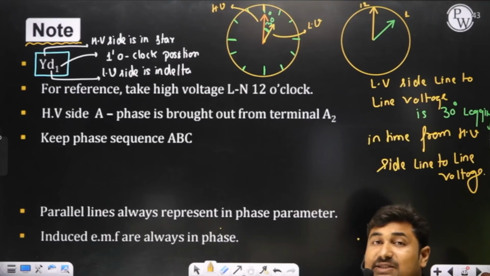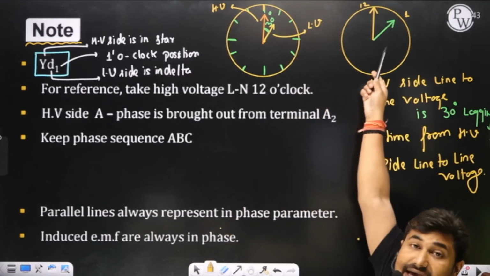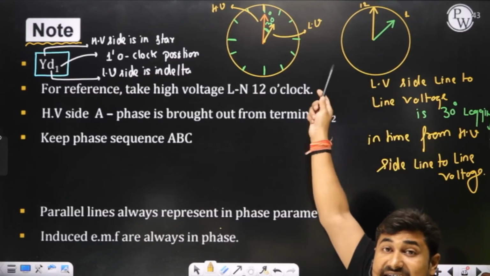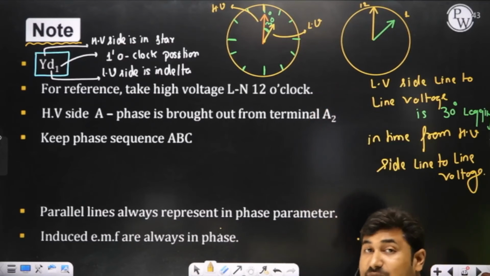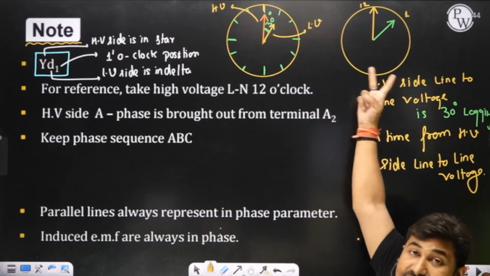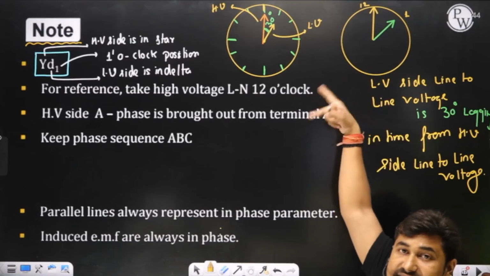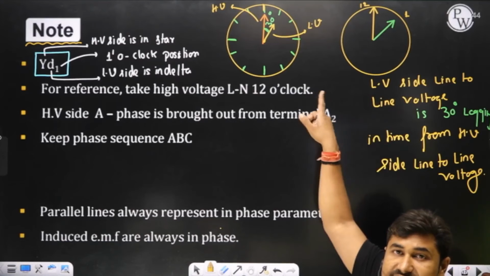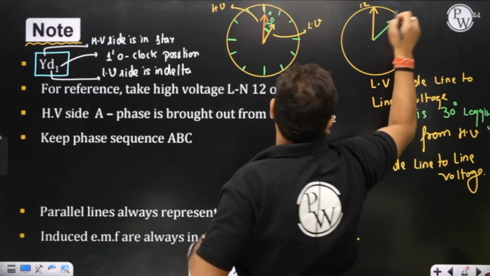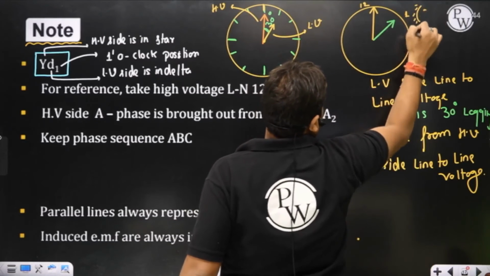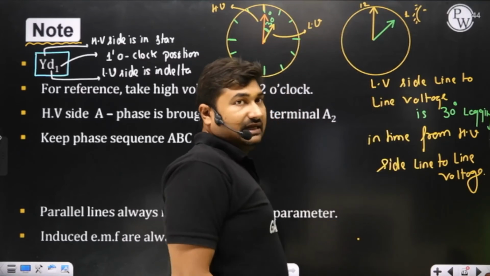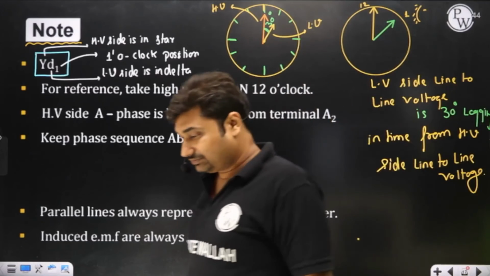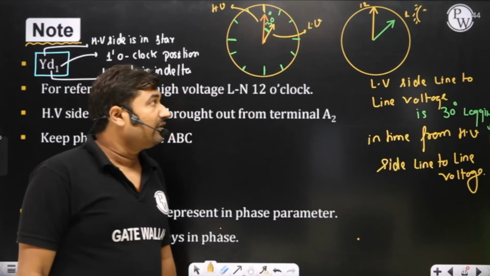Which voltage is displaced? LV line to line voltage is 30 degree lagging from HV line to line voltage, because in time, phasors rotate in an anti-clockwise direction. So if the time phasor rotates anti-clockwise, the first phase that comes in front of our eye is the HV side, and after 30 degrees the LV side will come in front of our eye.